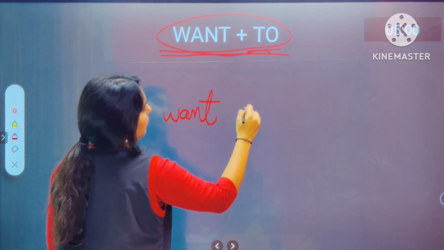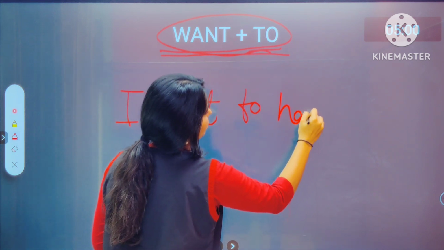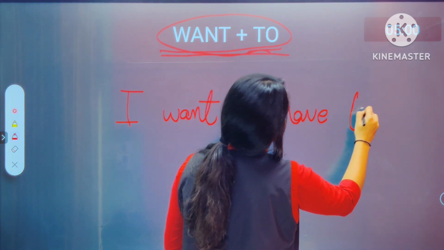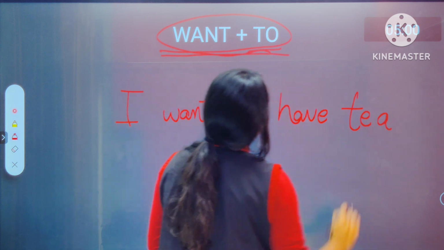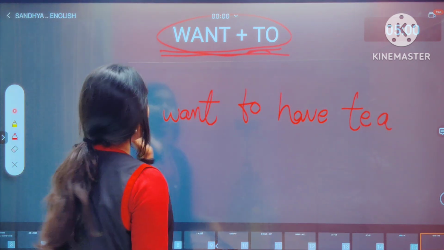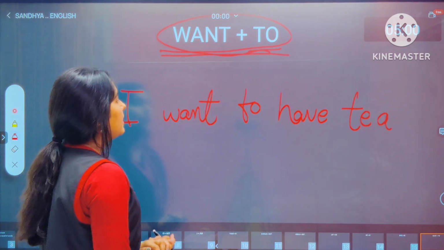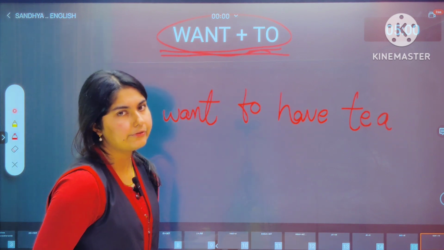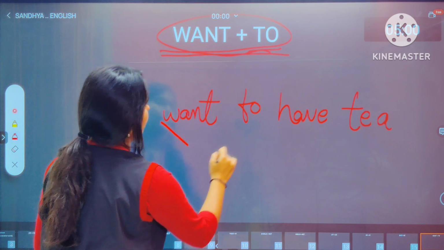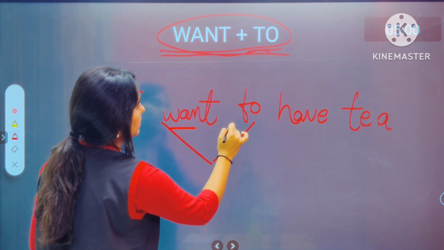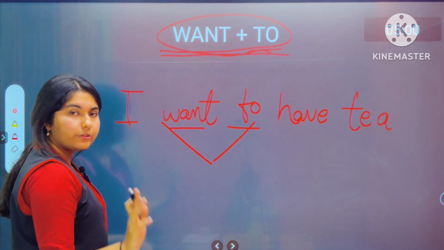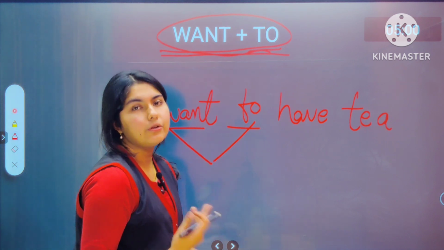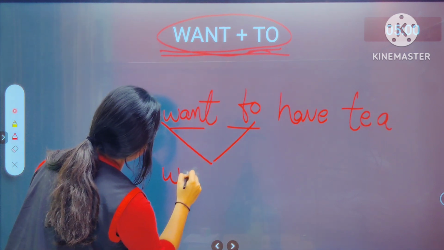I want to have tea. The sentence we have is I want to have tea. Now what we have to do is, instead of saying I want to have tea, you'll just add both these words, want and to, and the contraction which will come out of it is wanna.